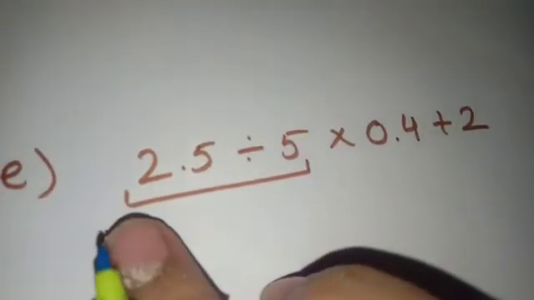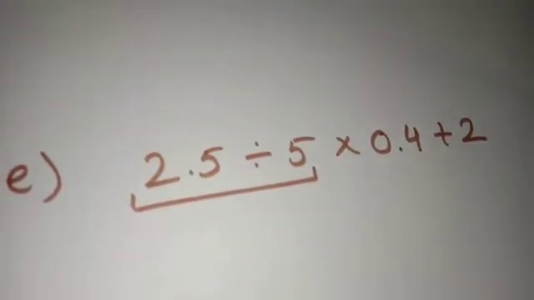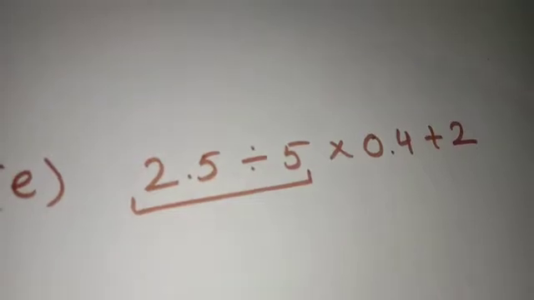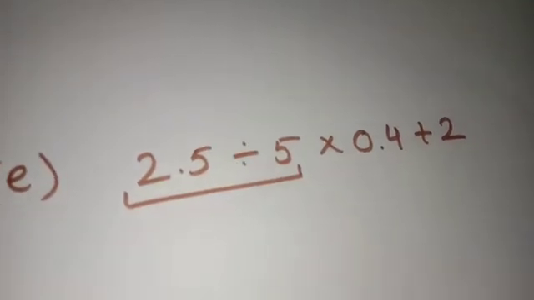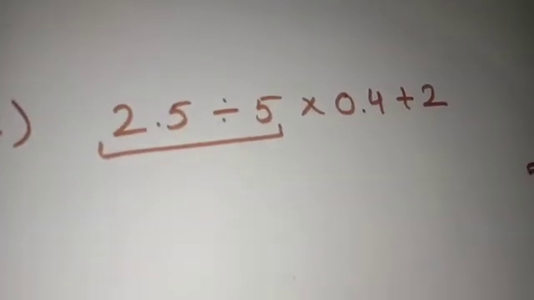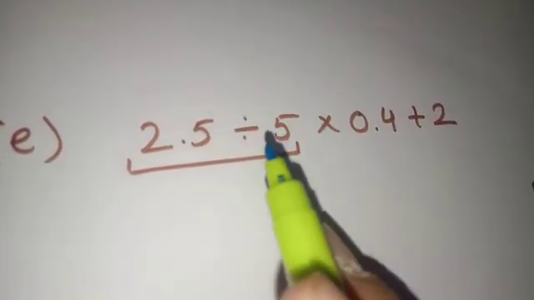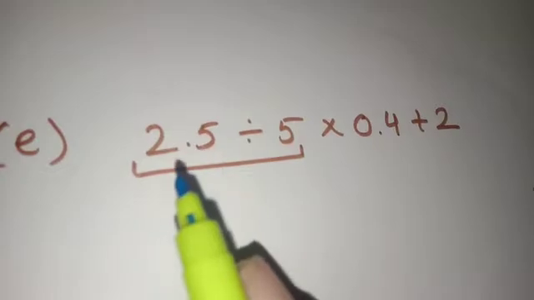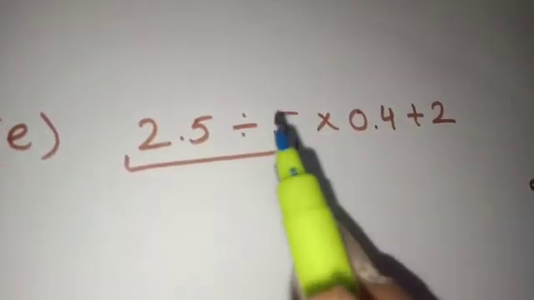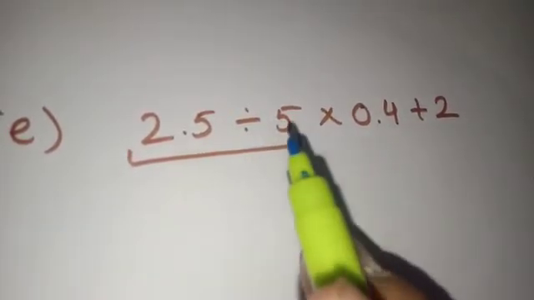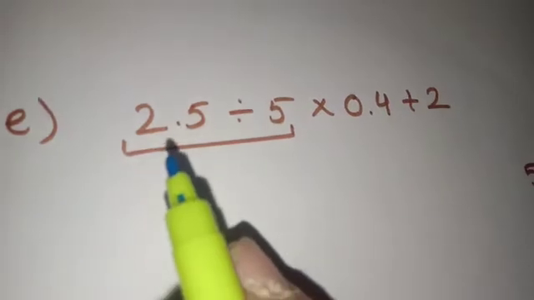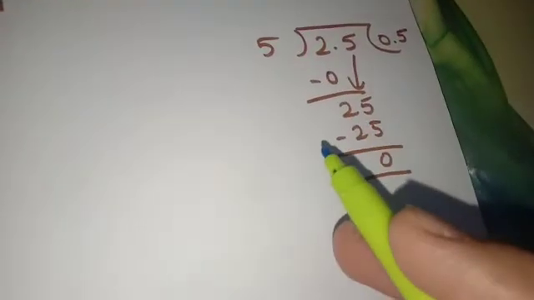The question is 2.5 divide 5 multiply 0.4 plus 2. Here the sign of division is given, so first of all, divide. 2.5 divide 5. Beta, in case of division of decimal numbers, if you are unable to solve it orally, you can check by long division. It's better to check it by this method.